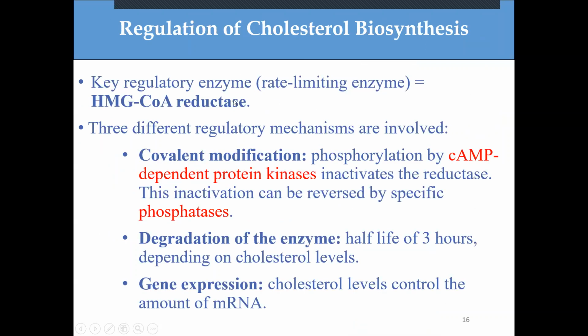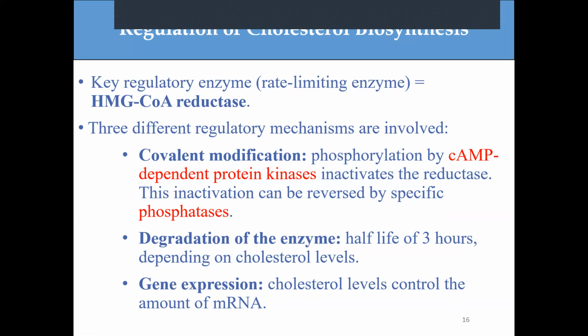Okay, so like we said before, the making of cholesterol is very tightly regulated. And the key enzyme that we use to regulate cholesterol synthesis is HMG-CoA reductase. Why? Because it's the rate-limiting step of cholesterol biosynthesis.